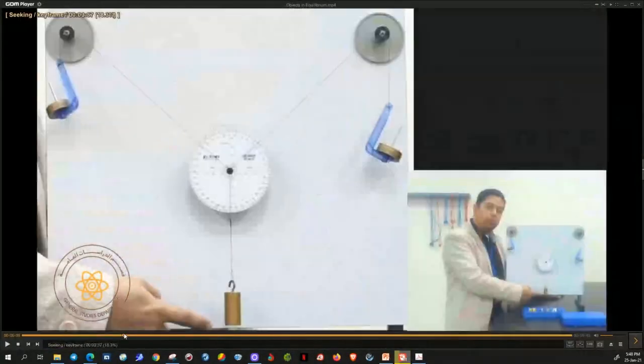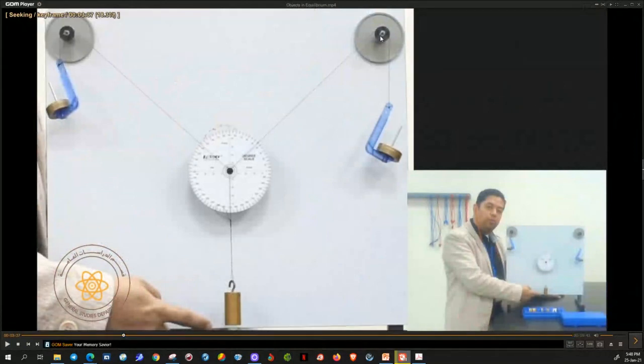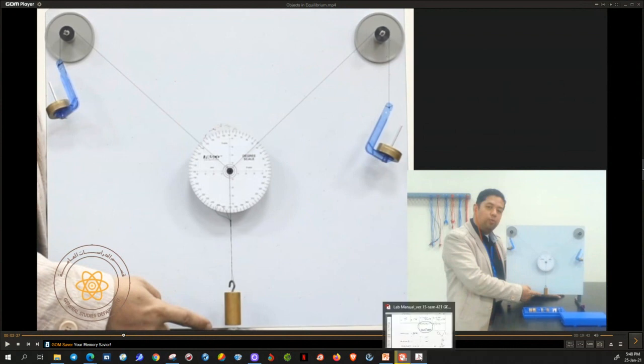Let's go back to our setup. The third source of error is that in pulley 1 and pulley 2, there is friction. Because of the friction, the position of the angles and the string will not be the same all the time if you use the same mass. There is a chance that these angles will change by a small number because of the friction on the pulley.